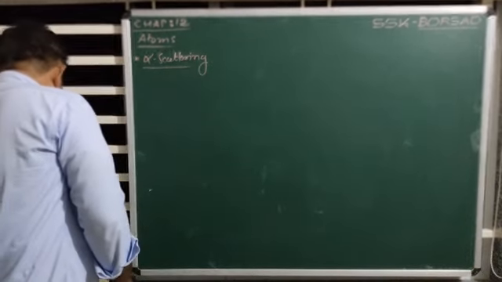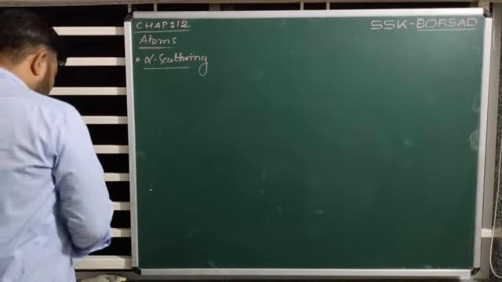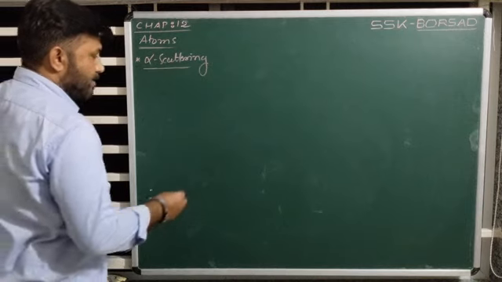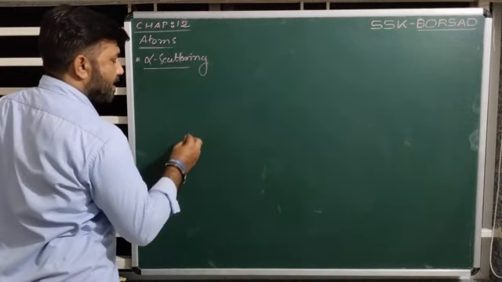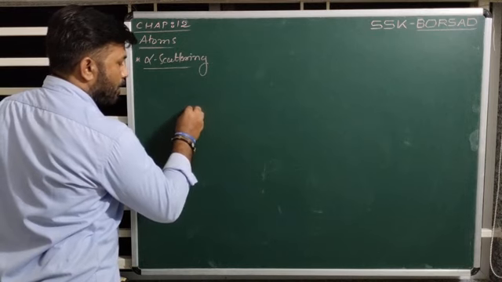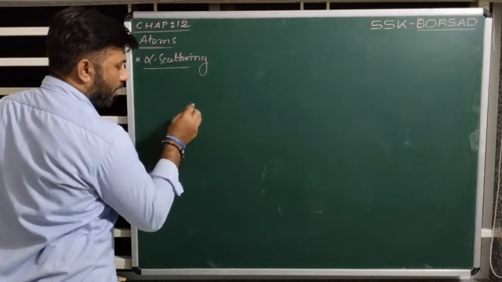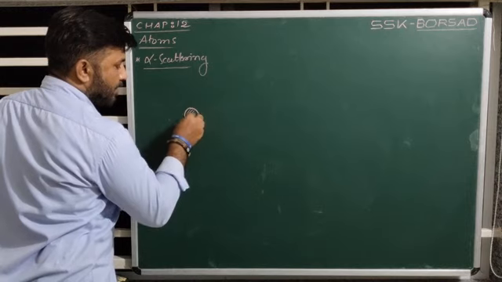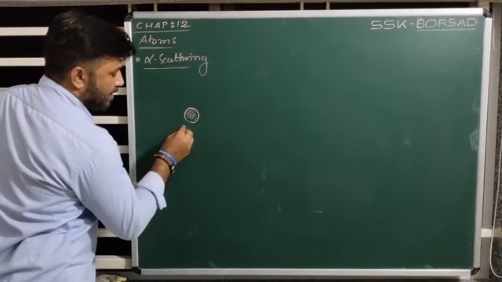Okay, in this Geiger-Marsden experiment, there is a source of alpha particles, and that source is taken as bismuth.